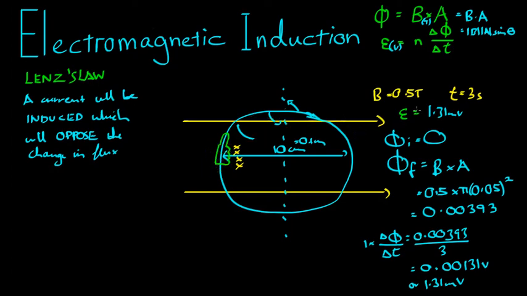So using our right hand grip rule, we see the current will flow in that direction there. If we were to turn the loop the other way, we'd expect the current to flow in the opposite direction. Sometimes you can verify it visually if you imagine your hand sitting on that wire.